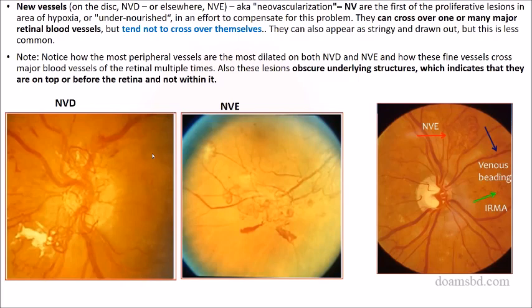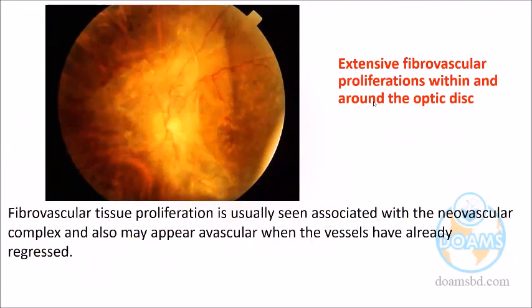Anyway, I think I tried my best to show you the difference between IRMA and neovascularization. So this is very advanced diabetic retinopathy. You see there are some new vessels, but there are some white areas, fibrous tissue is proliferated here, and vessels are becoming less. This is the fibroproliferative retina.